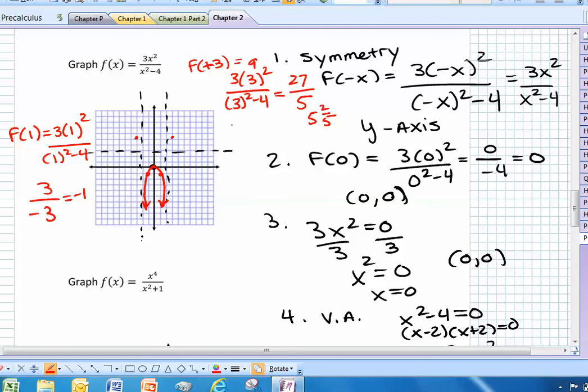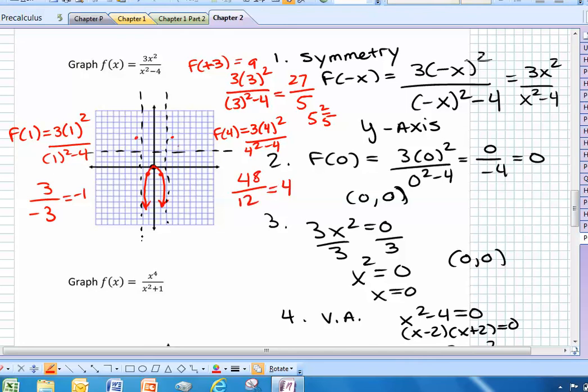So I'll just do one more point, just so you get the idea. I'll put 4 in. Well, 4 squared is 16 times 3 is 64. Or sorry, 48. And 4 squared is 16 minus 4 is 12. So when you divide, you get 4.